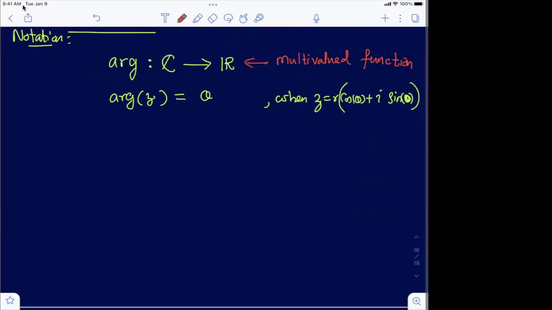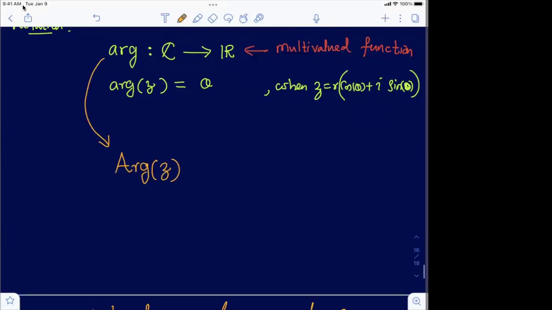However, this is not really good in some computations. We need to recognize a principal value for this. So sometimes, other than lowercase, we will consider uppercase Arg of z. What do we mean by that? It is also going to be an angle theta, but a very specific one.